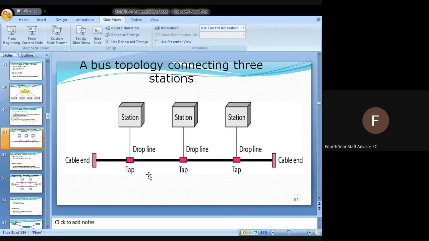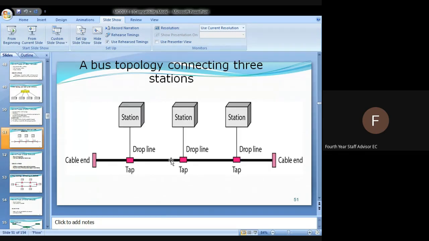Now, the stations are connected by two things: one is called the drop line and the other is the tap. The drop line is nothing but the wire running between the station and the cable. The tap is just a connector that splices into the main cable, to the core.